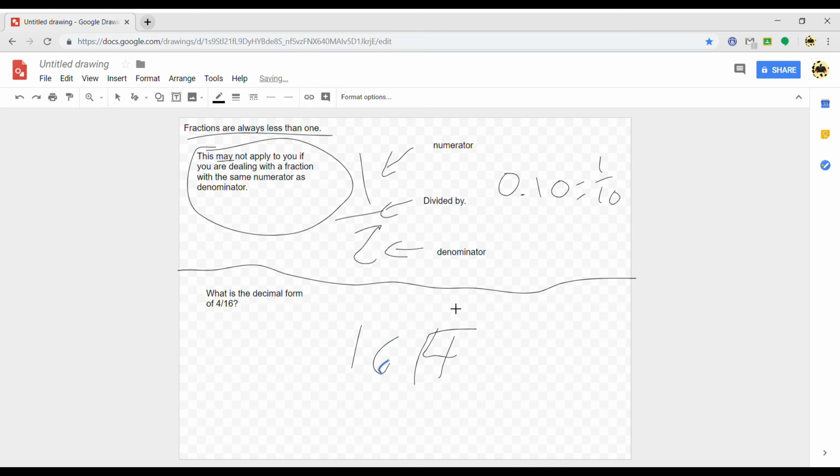And again, that doesn't go in, so we are going to do 0 times and the decimal point, then 0. 16 goes into 40 2 times, because 16 times 2 is 32. And then 80.